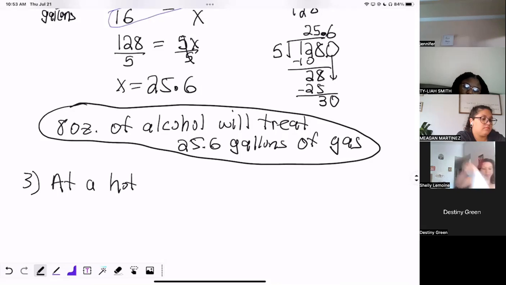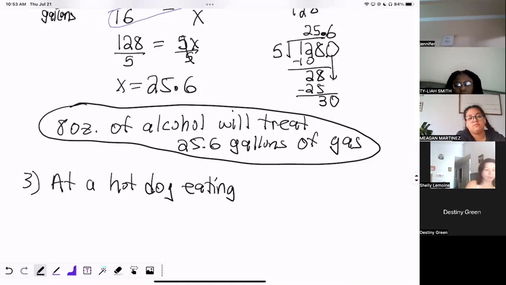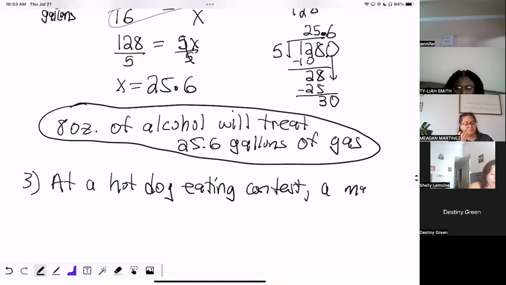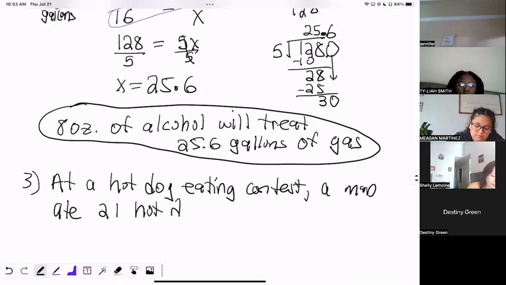At a hot dog eating contest, a man ate 21 hot dogs in 6 minutes.